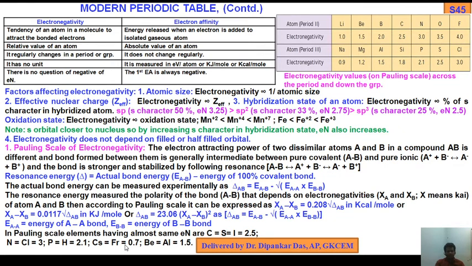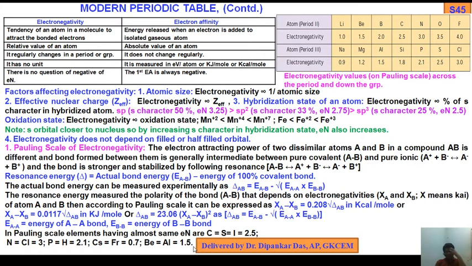So in Pauling scale, elements having almost the same electronegativities: carbon, sulfur and iodine are 2.5. Similarly, nitrogen and chlorine are 3, phosphorus and hydrogen are 2.1, cesium and francium have the least electronegativity 0.7, and beryllium and aluminium have electronegativity 1.5.